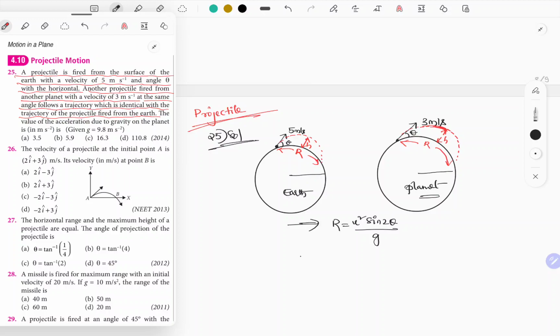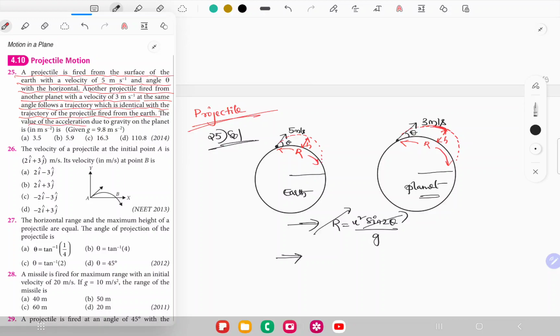As the second object is on another planet, acceleration due to gravity is going to be different. From this I can decide range is same, theta is same. As theta is same, sine 2 theta is also same. g and u are the only values which are different. What are they asking? They are asking the value of acceleration due to gravity on the planet.